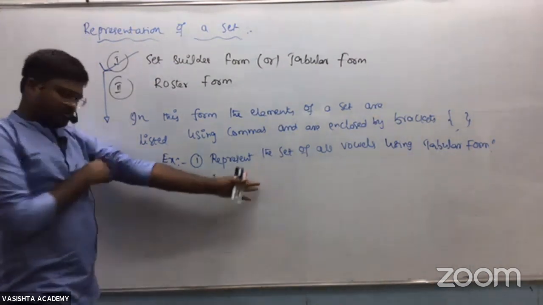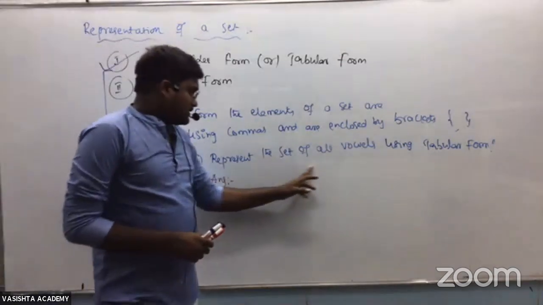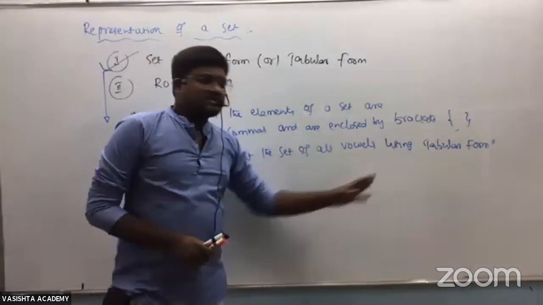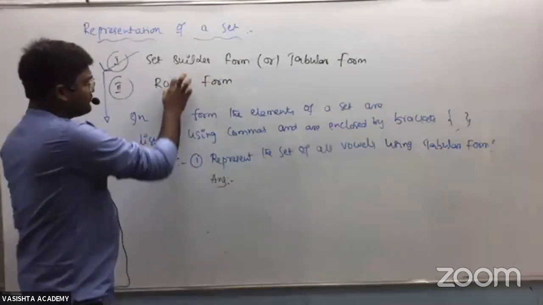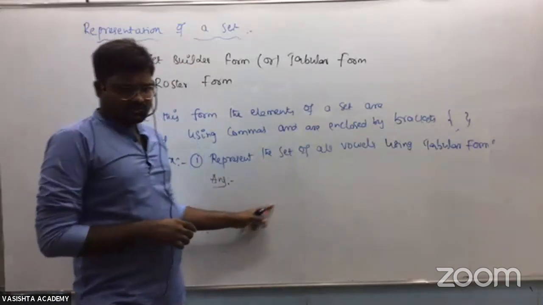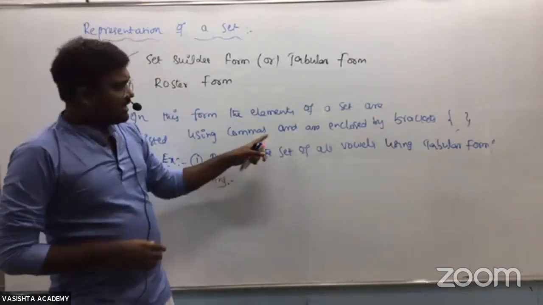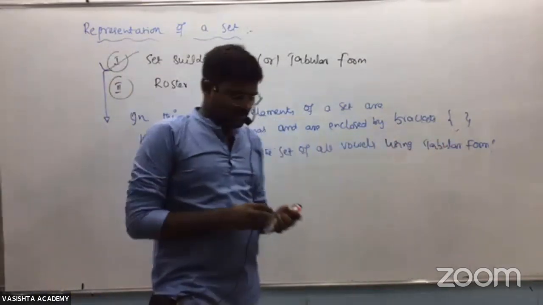Riyaz, listen. Look at this example, you will understand. Represent the set of all vowels using tabular form. In this form, we just write down the elements of the set separated by commas and enclosed by these two brackets.